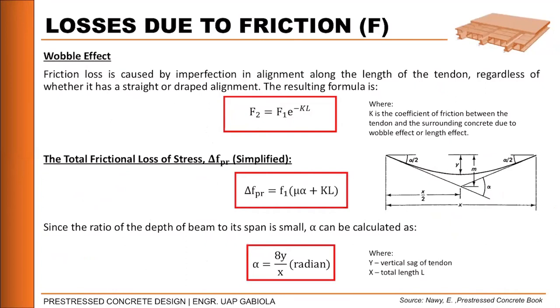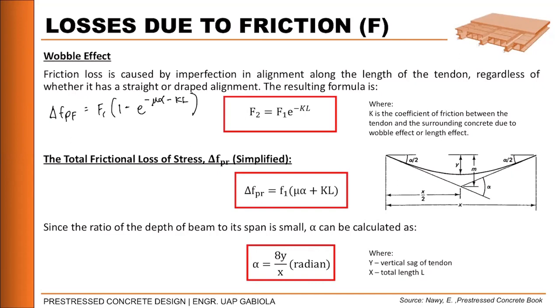So yung pinaka-effect ngayon ng friction, yung friction loss natin will be F1 times 1 minus e raised to negative mu alpha minus K times L. Okay?